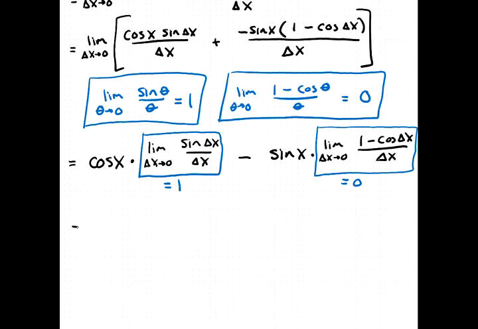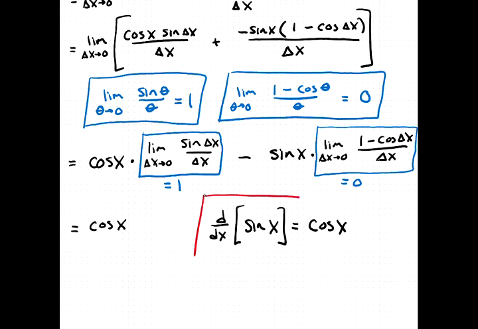So our derivative is the cosine of x. Okay, and that's it. That's our formula for the derivative of sine. The derivative of the sine of x is equal to the cosine of x. And this is our rule for the derivative of the sine function.